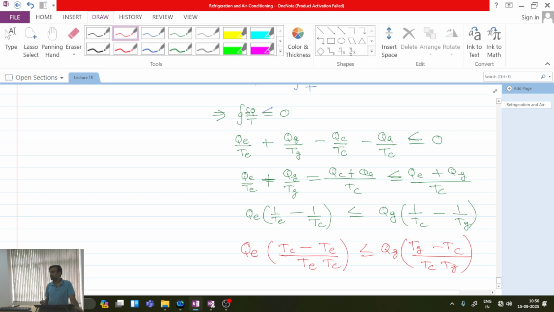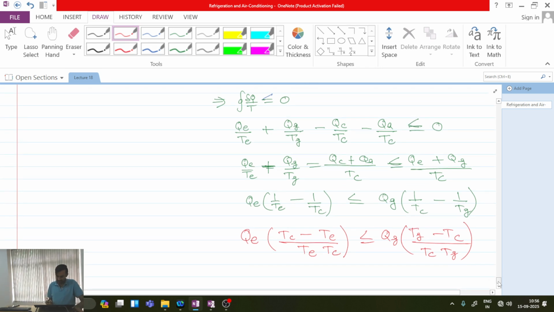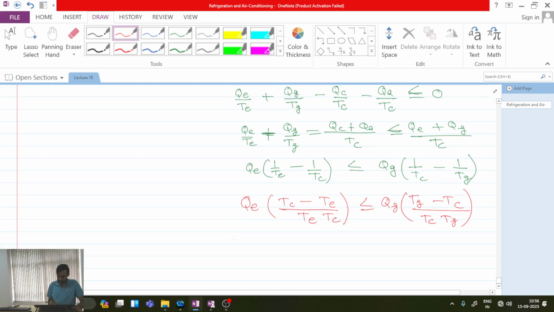TC will cancel out. And I can get that QE divided by QG will be less than or equal to TG minus TC divided by TG, into TE divided by TC minus TE.